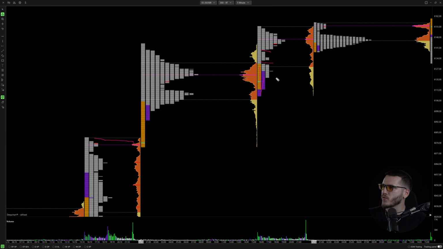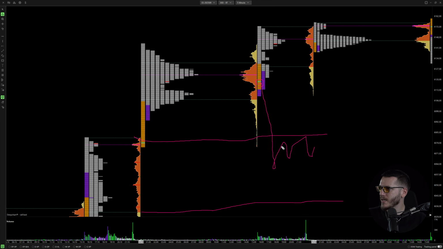Then what happens in the first few hours of the session is very important, because if from the level where we open, we dive right back into this area of the previous cash session value, it means the market was not really considering this price fair, and it went straight back into a situation of balance from the previous day, and we're likely going to be consolidating for the rest of the session.